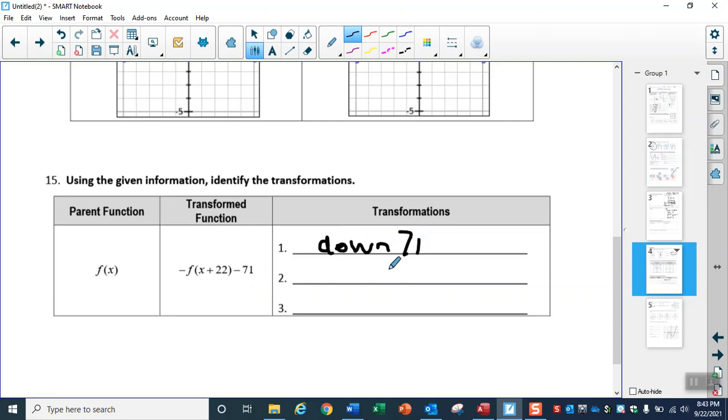I know this inside here is going to be horizontal, and it's always the inside, the horizontal is always opposite. So instead of going to the right 2, it's actually going to go left 2. And then this in front, this negative, is going to be a reflection.